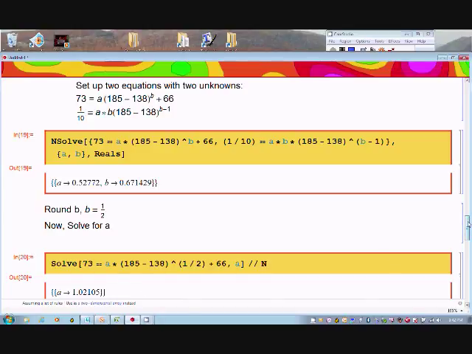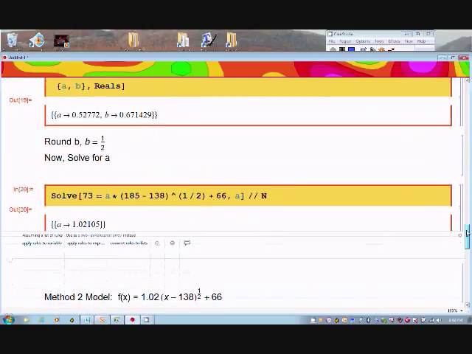So from that information we can come up with our model for method 2, and that model is f of x equals 1.02 times x minus 138 raised to the 1/2 plus 66. So the only change from method 1 to 2 is this a value, where now we have 1.02 as our a value.